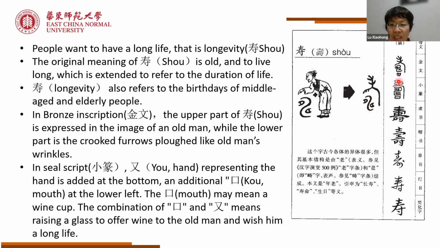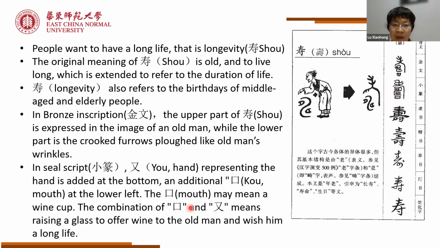Well, in small seal script, here you means a hand, representing hand. Here you is added. And another word is kou, meaning mouth, which can also be seen at the lower left part.